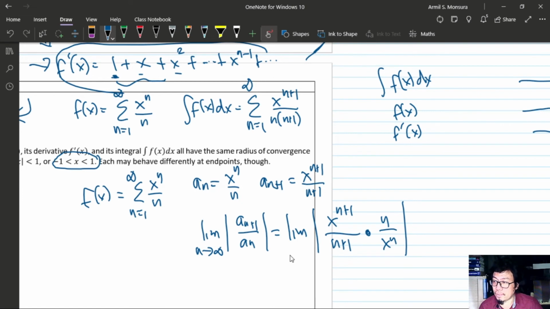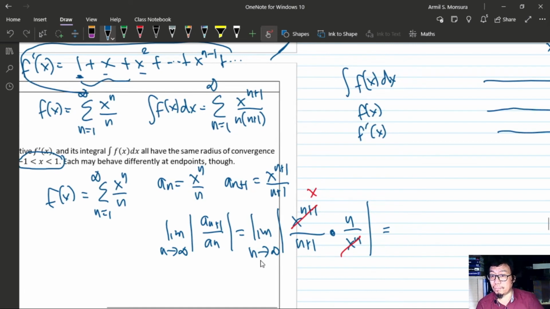So we'll find the limit of this as n approaches infinity. We know for a fact that these would cancel themselves out, leaving x. Since x here is a constant for this limit because we're evaluating the limit in terms of n, we can actually take it out.